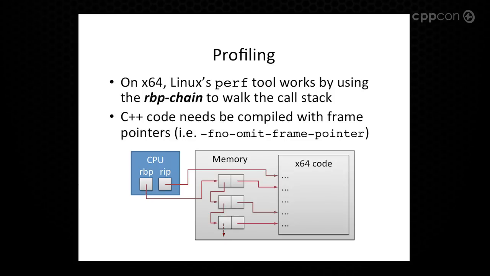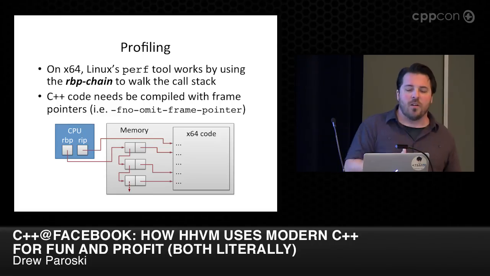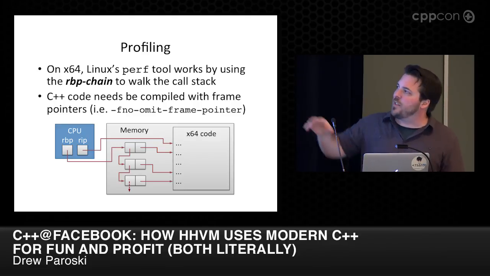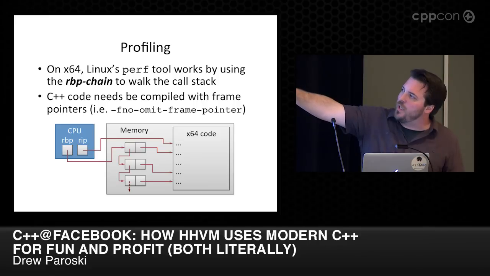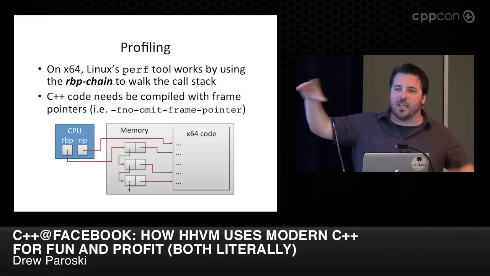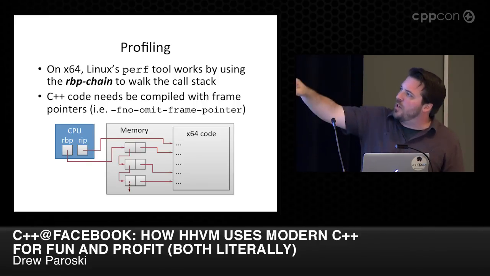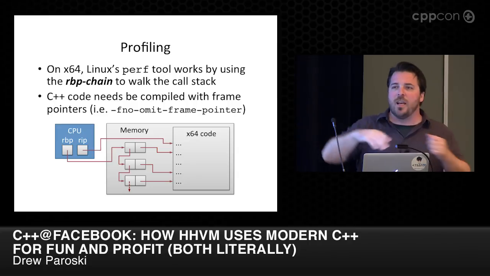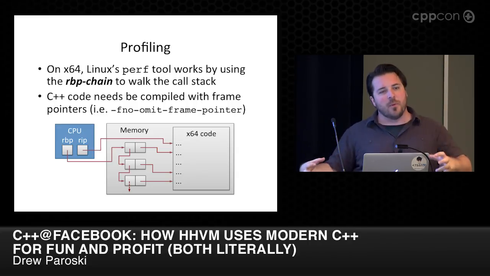And not all profilers work like this, but Linux's perf tool works by walking the RBP chain to get the call stack. So on x64, the RBP chain is basically this: you start with the register RBP along with RIP. They form a tuple. And from there, you can chase RBP, and you have these little 16-byte frames in memory.